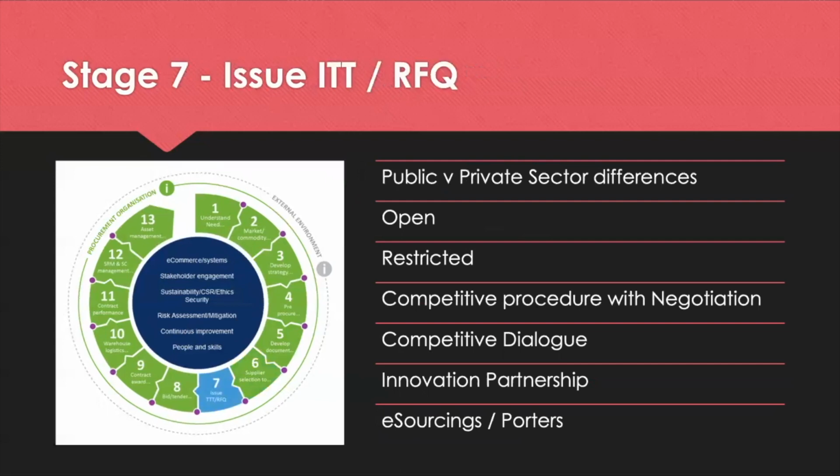So stage 7 is now looking at the issuing of a tender or a quote. We now move on to the offer and acceptance. Once you've selected the companies to participate in a formal tender or request for quote, you send that out to those participants to include all of the documents we spoke about already, from the spec to the terms, and you give them a clear timescale to respond.